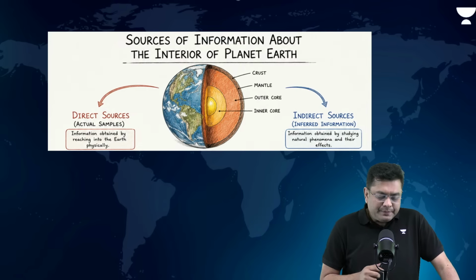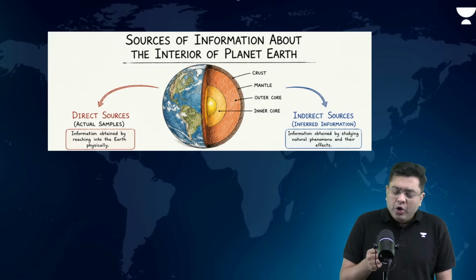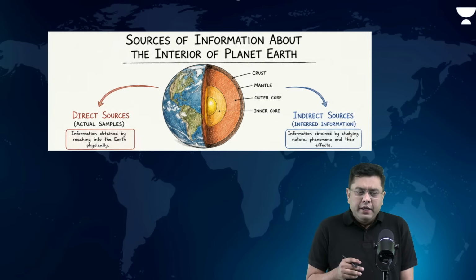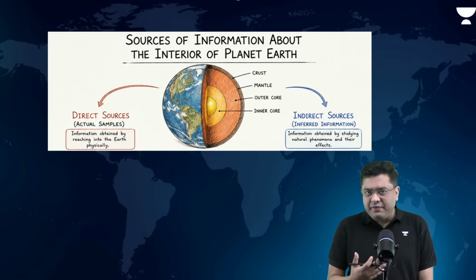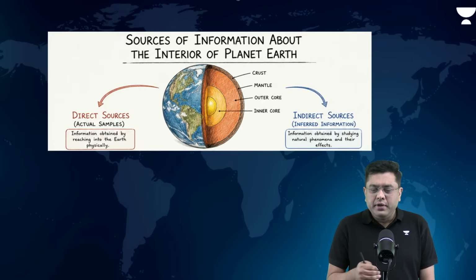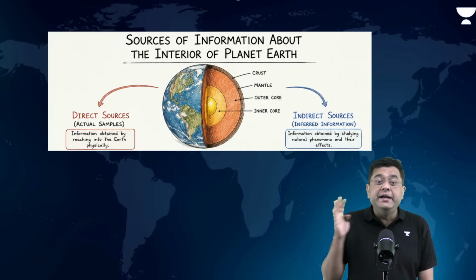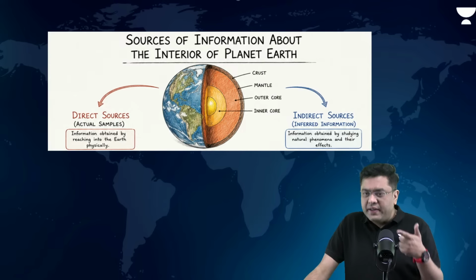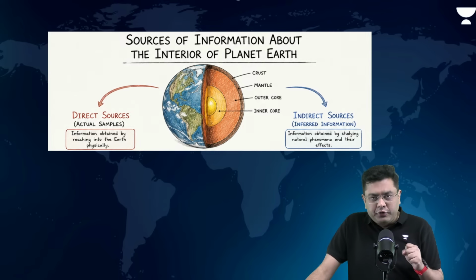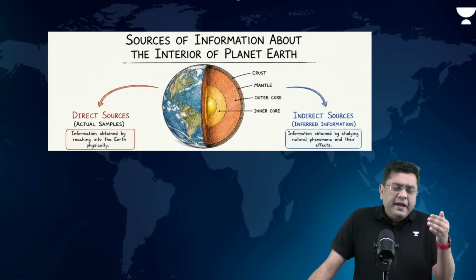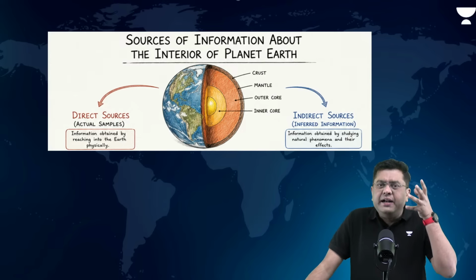Okay. Now, first of all, what gives us an idea about what is present in the interior of planet Earth? The sources of information that we have can broadly be divided into two types: direct sources of information and indirect sources of information. On what basis do we divide this? Direct source, for example, is anything which gives you first hand information.